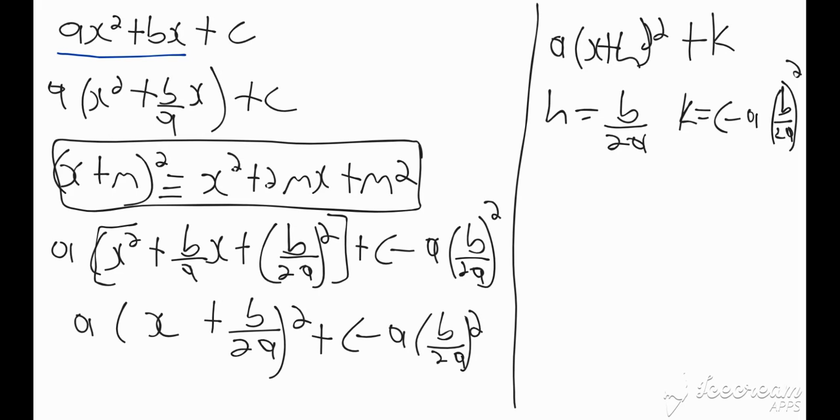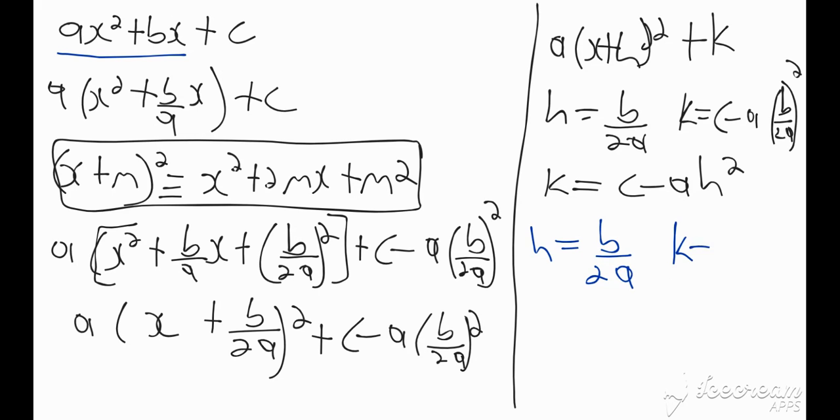So we can say that k is equal to c minus a h squared. So technically speaking, there are only two things that we need to remember. That h is equal to b over 2a and that k is equal to c minus a h squared. We're going to do an example to show you.